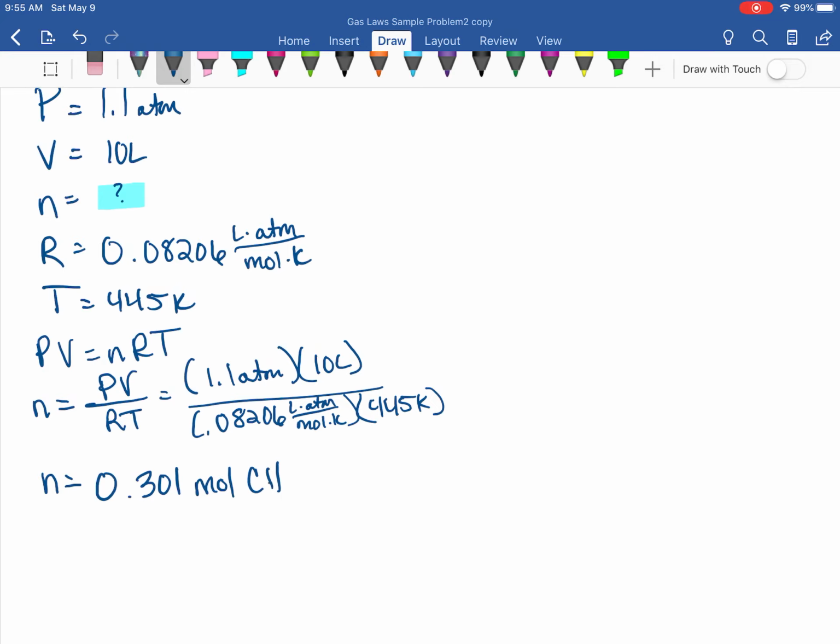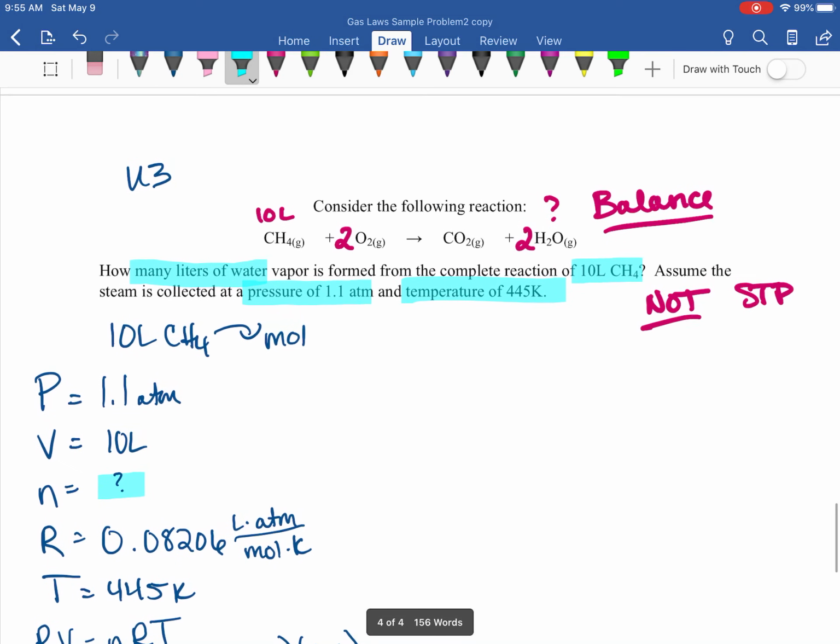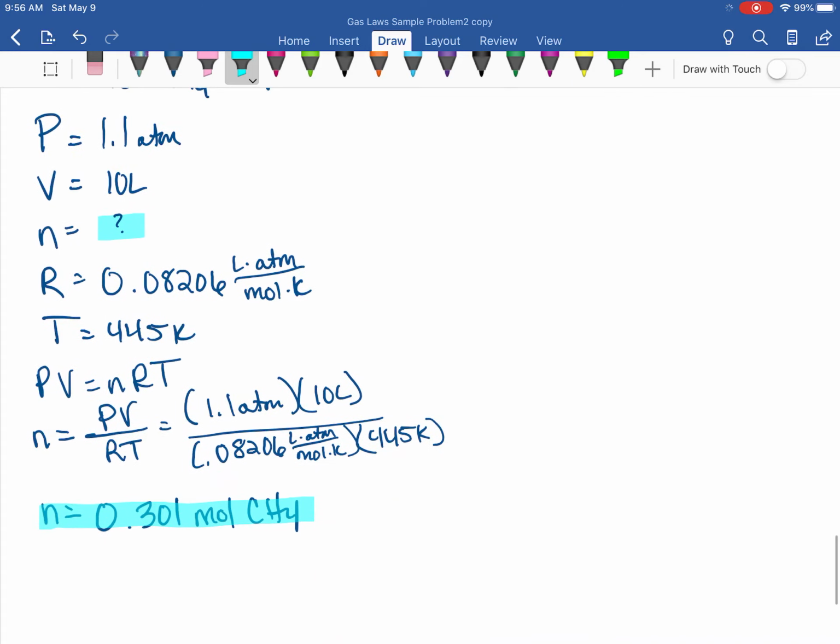All right, I am getting 0.3 moles of methane. Okay, now this is awesome. This is a great place to start, but we are not done. We now have our moles of methane, but our question is asking for water. So what do we do with the moles of methane? Well, we needed to convert it to moles of water.